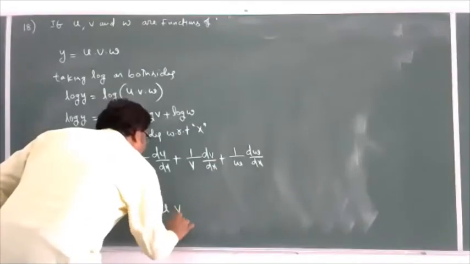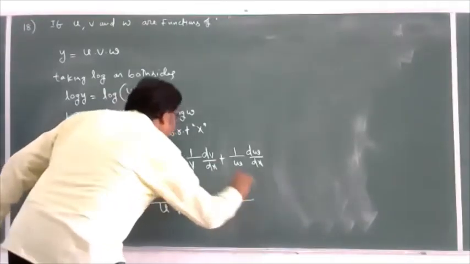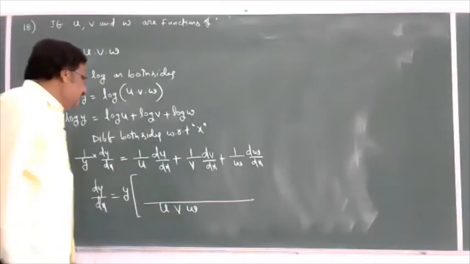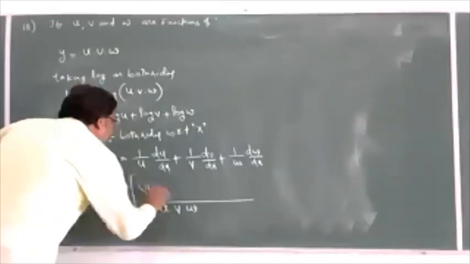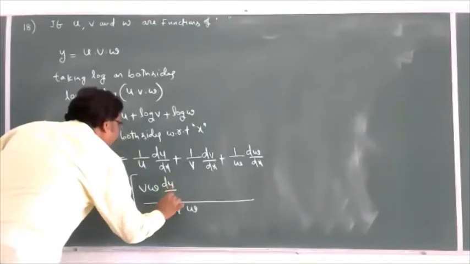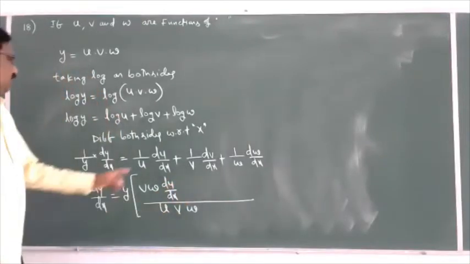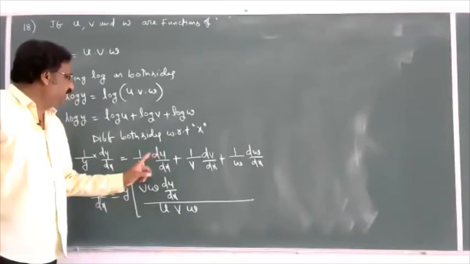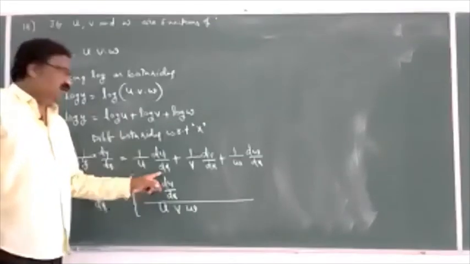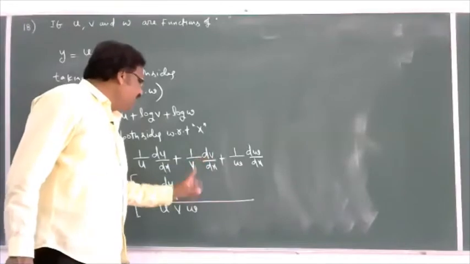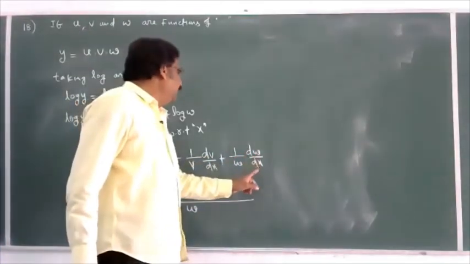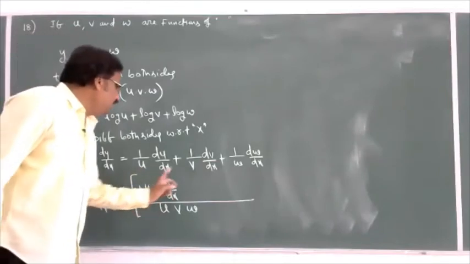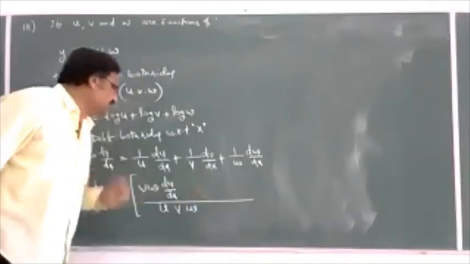So u cancels, then you get v into w into du by dx. You consider this as 1 by u into du by dx, du by dx by u, so here dv by dx by v, here dw by dx by w. So u into v into w as the LCM.